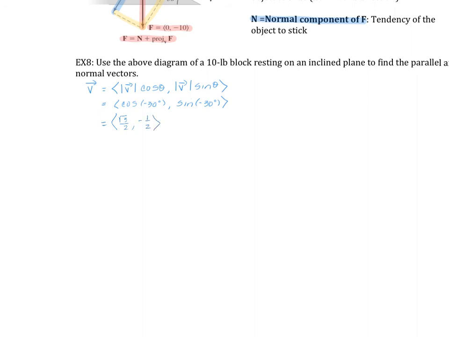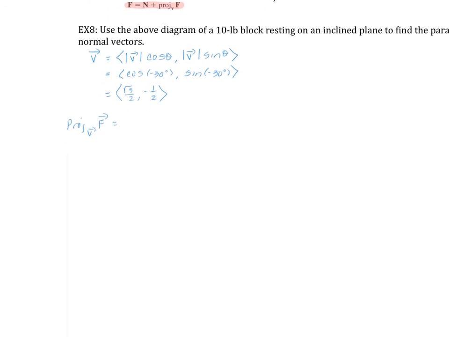So now that I have a vector v, I can figure out my parallel component, which would be the projection of my force vector onto that vector v. So the formula is going to be the force vector, I'm not going to compute the scalar because I don't have it. So force vector dotted with v, and then I'll go ahead and multiply it by v.